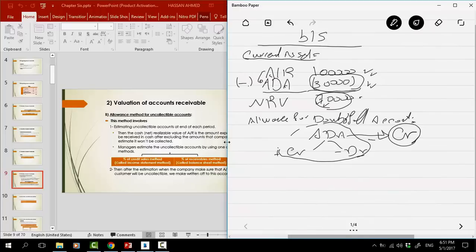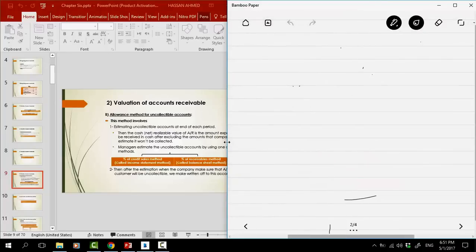Okay, then if I want to make an estimation that a portion of the accounts receivable might not be collected, the debit will be bad debt expense. And in the credit side, can I write accounts receivable? For sure no. Why?